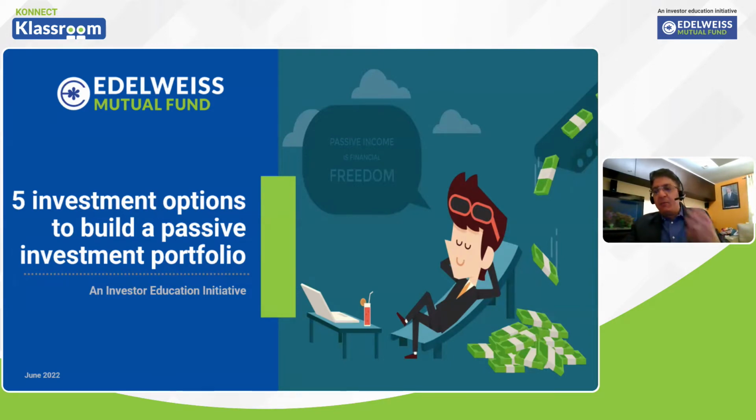Adding passive investment options which are available under the mutual fund umbrella to your portfolio may provide you with the answer to this current situation or problem, whatever you want to call it.